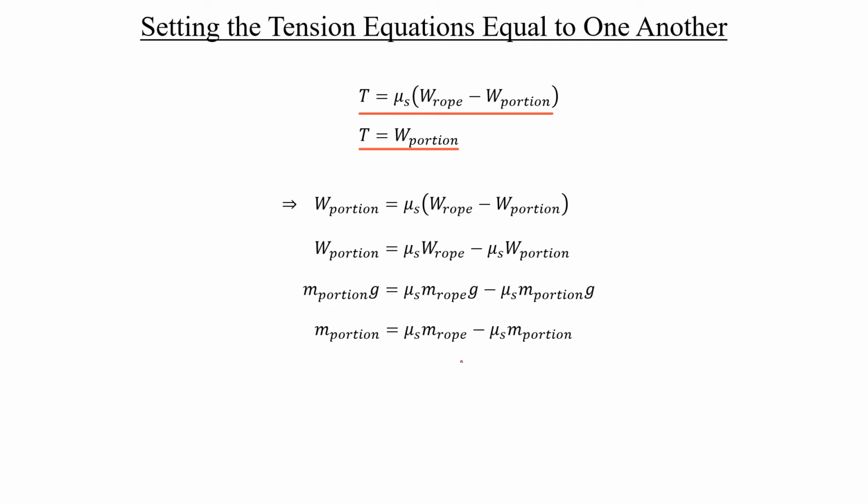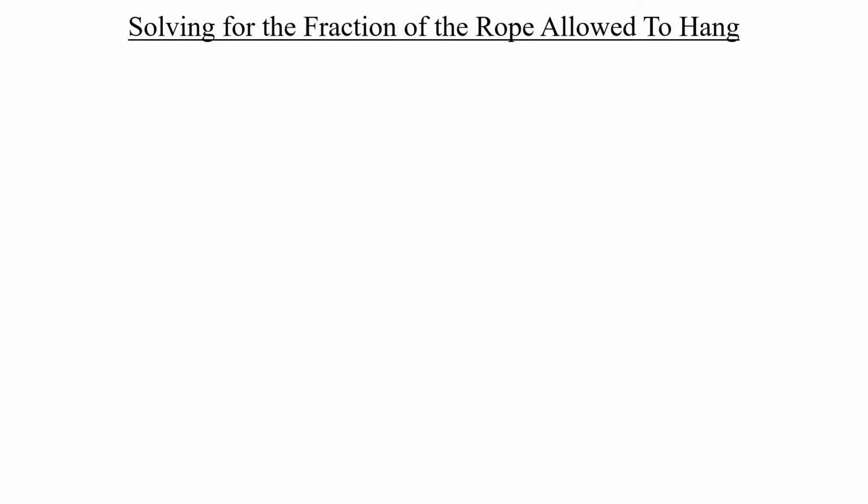Now, we don't know what any of these masses are, so we need to find a way to algebraically manipulate this result to just give us the coefficient of static friction in some way, shape, or form. So let's take this equation down here on the bottom and bring it to a fresh page, because I'm running out of room here.